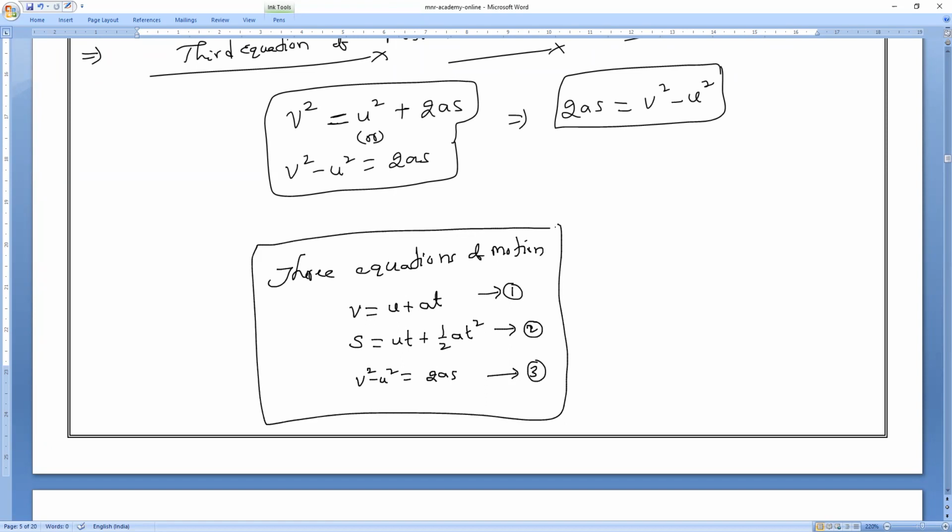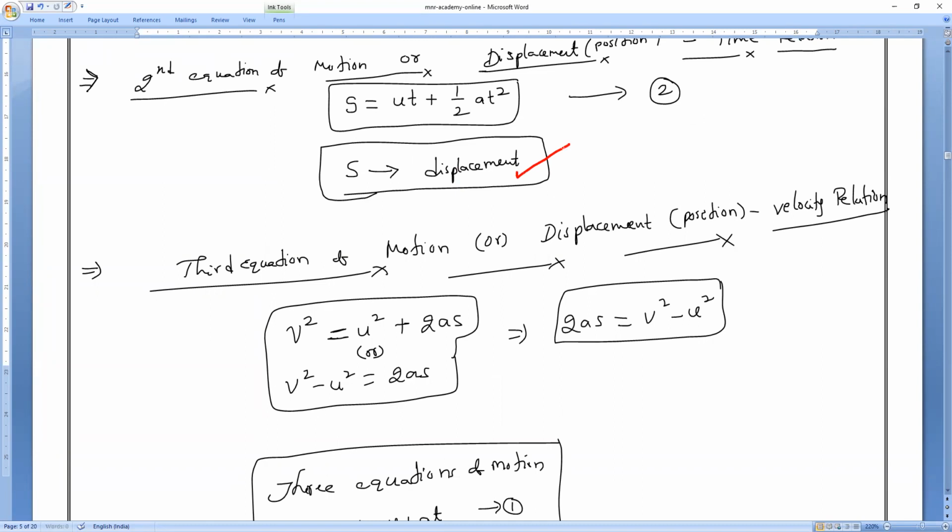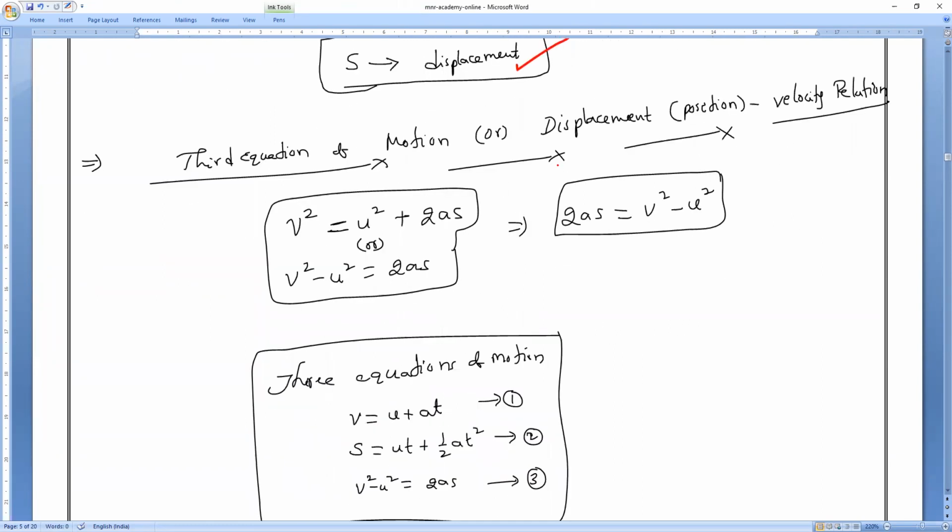What does S denote? S means displacement. Just now we have written it correctly. Some write it with a vector arrow, yes, but in 2AS, S means displacement. Distance also?